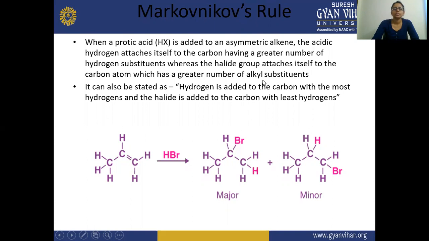So here you can see the protic acid being added to the asymmetric alkene. When this HBr fissions, there will be H positive, which is your acidic hydrogen, that is your proton, and that will attach to the carbon which has the greater number of hydrogen substituents. So this H will attach to the carbon atom which has more hydrogen atoms attached to it.